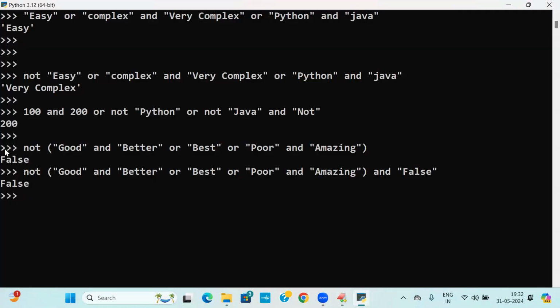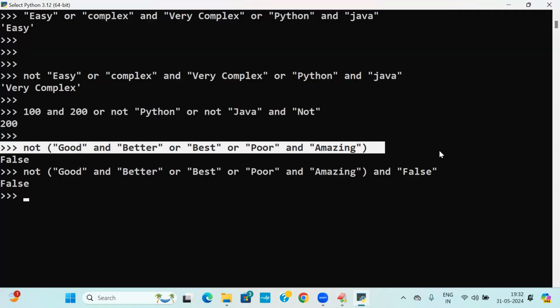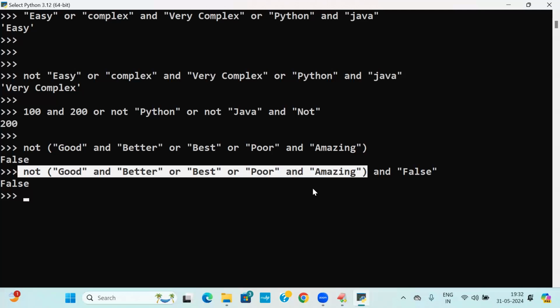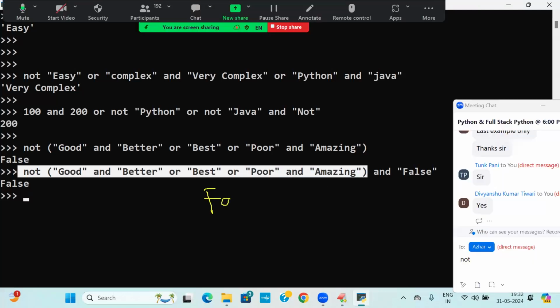Look at this. This you understood? Divyans, right? This example. Up to here it is what? False. This also going to give me what? False. Which false? This is Boolean false. And what here? False. This is called false only. And this is called what?